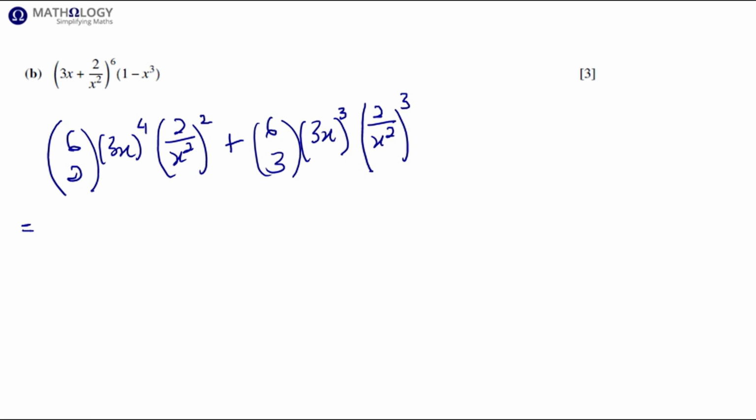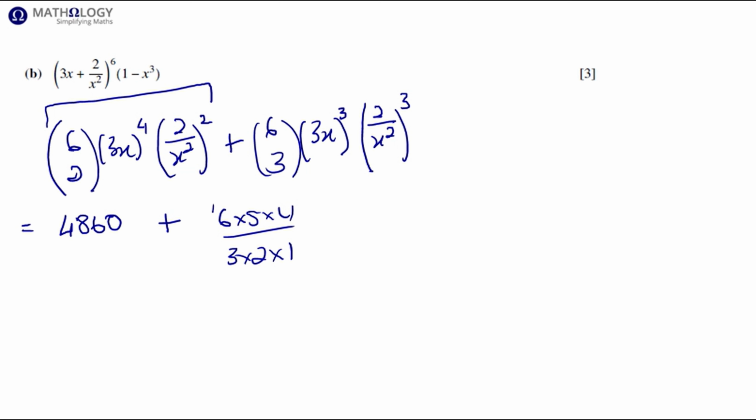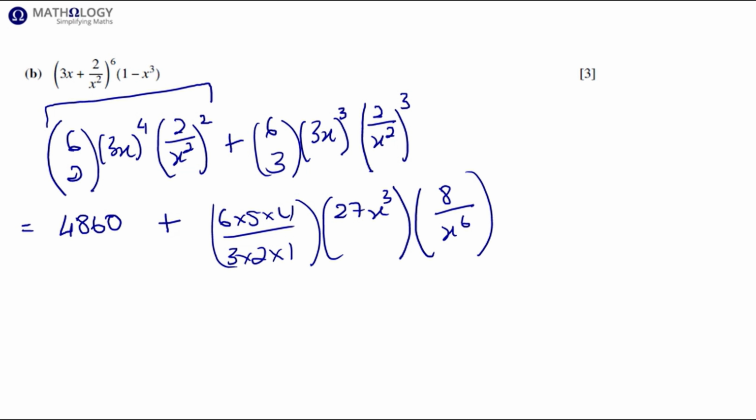Okay, so this expression here we've already established is 4860. You can refer to the previous question. Plus 6 choose 3 is 6 times 5 times 4 divided by 3 times 2 times 1, times 3 cubed is 27, x cubed, times 2 cubed is 8 over x to the 6.